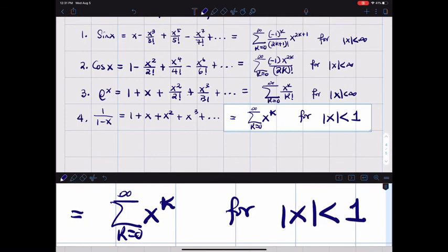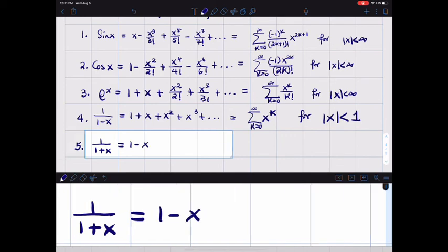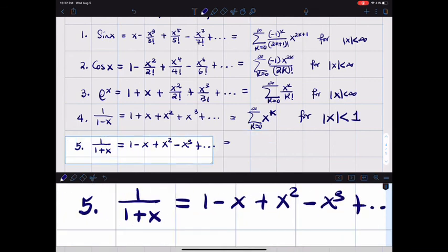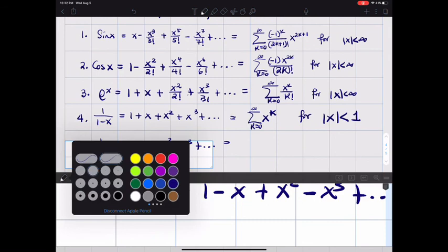Okay, now we can also look at something like this: 1 over 1 plus x. Okay, 1 minus x plus x squared, minus x cubed, and so forth. And you can actually obtain this from number 4. Remember, look at this.